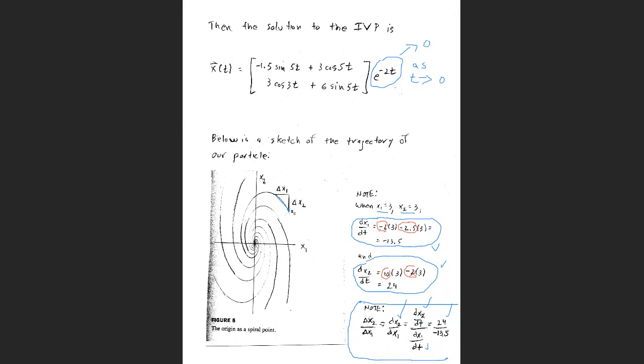So delta x2 represents the rise. You're used to delta y, but in our picture, delta x2 is the rise, and delta x1 is the run.